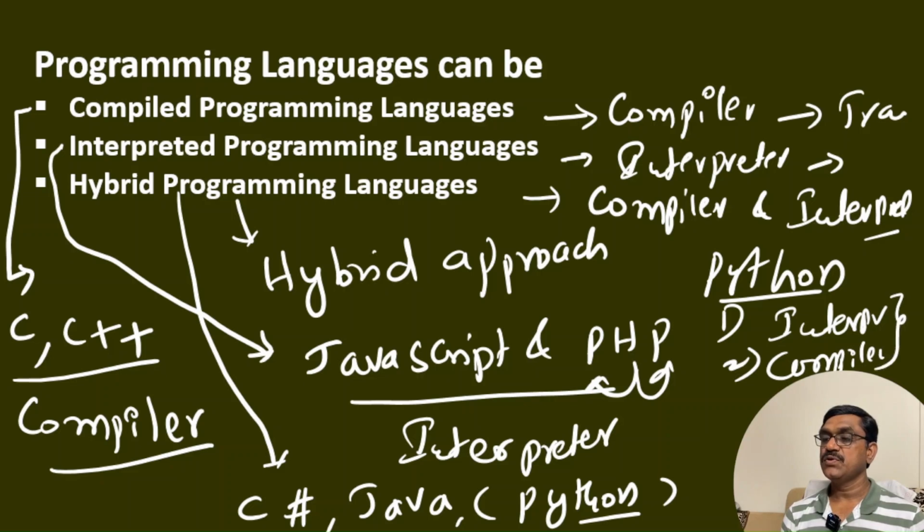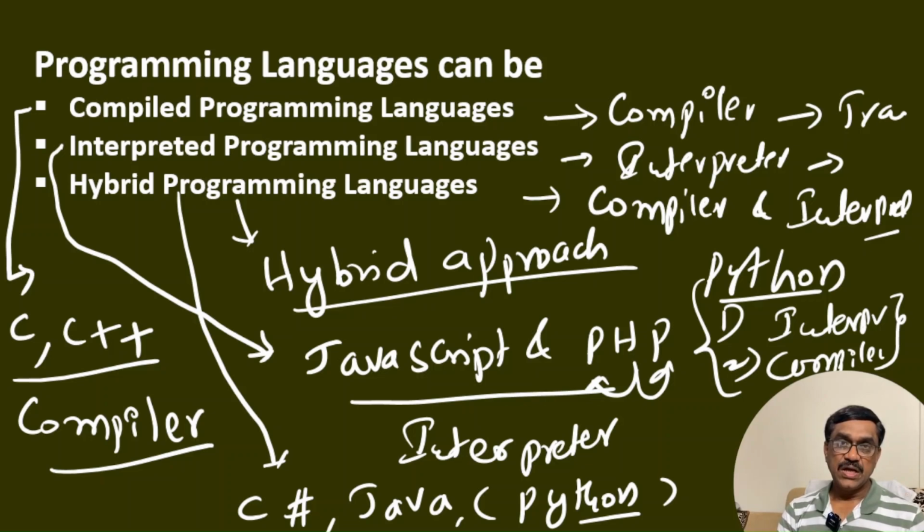Means it is going to use the concept of hybrid approach. That we will see why I am including it in the hybrid programming language. Finally, please remember Python is only the hybrid programming language. This is the final answer I want to say. Why? Because it is going to use both compiler concept and interpreter concept. I will clarify why it is known as hybrid programming language soon.